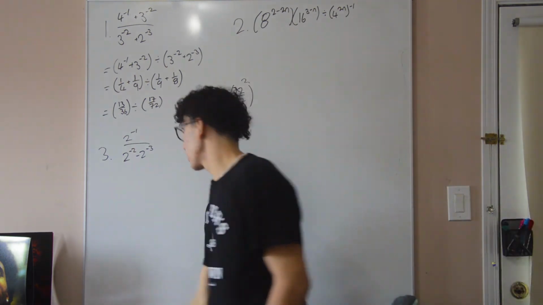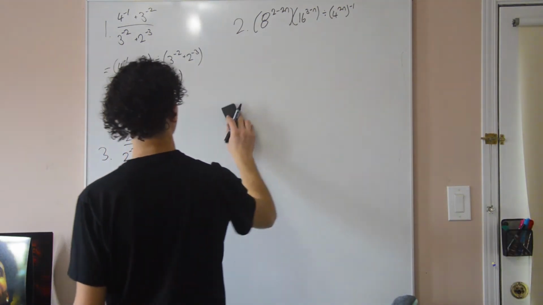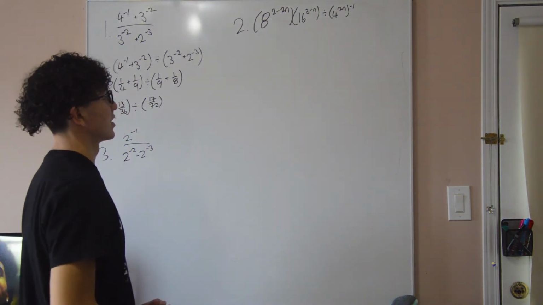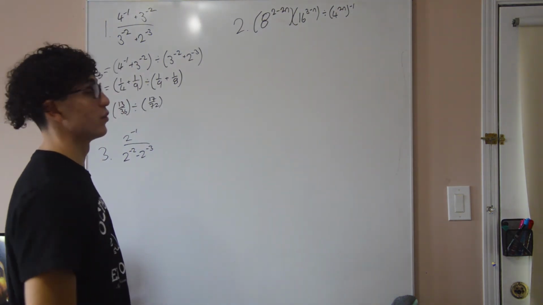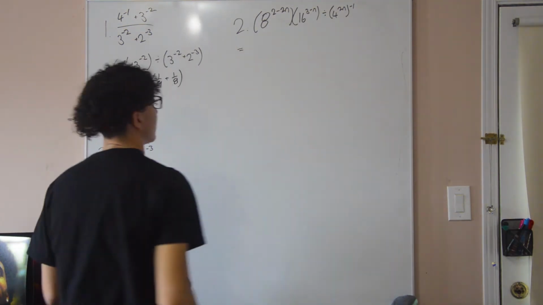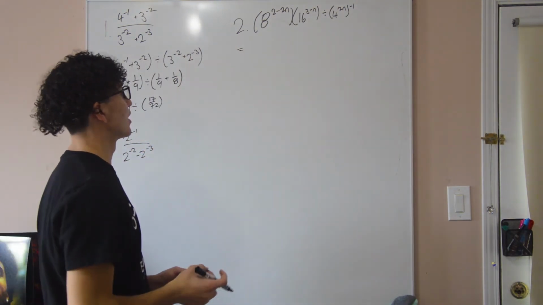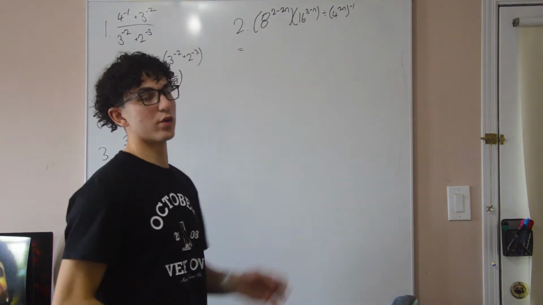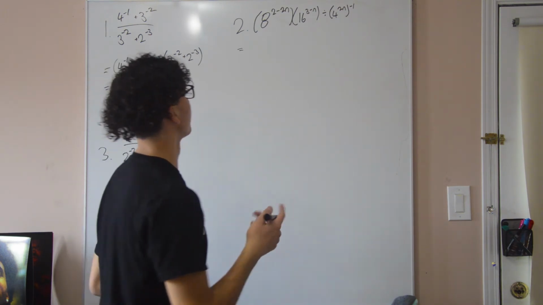Let's do the next one real quick. 8 to the power of 2 minus 2n times 16 to the power of 3 minus n divided by 4 to the power of 2n to the power of negative 1. First thing we want to do is turn everything there into a common base. And a common base between 8, 16, and 4, I hope you guys see it, it's 2.